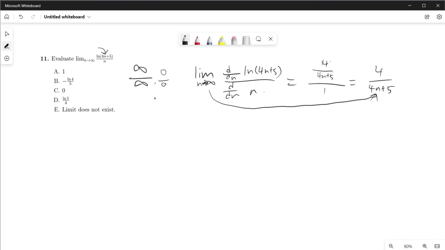In this case, the top is just a 4, a constant, over infinity in the bottom, basically 1 over infinity, because the 4's can cancel out, and that will just be 0, right? 1 over infinity will approach 0, so that will be option C.